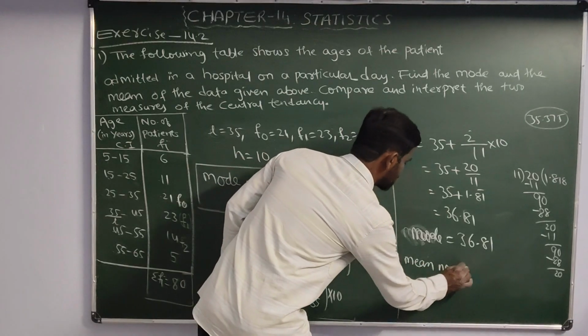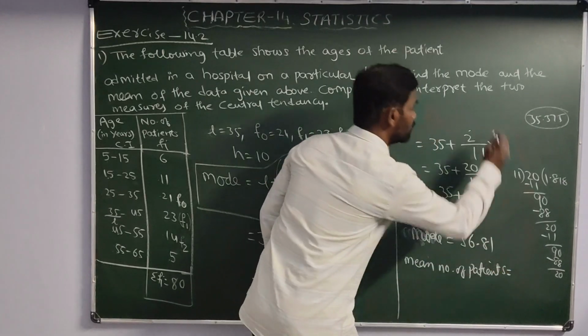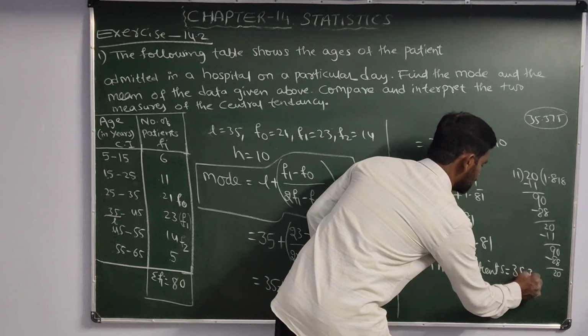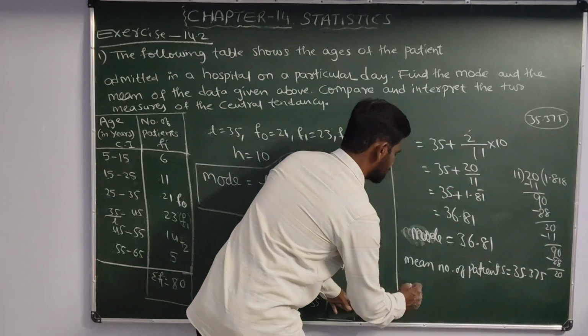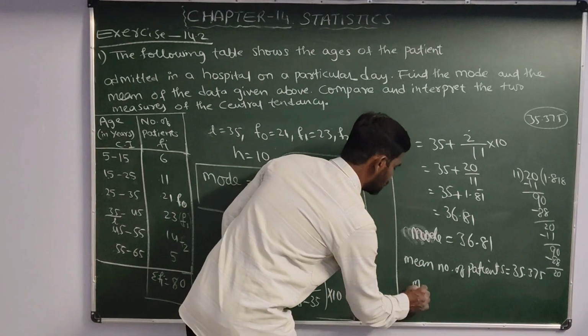Mean number of patients is equal to 35.375. Next, mode.